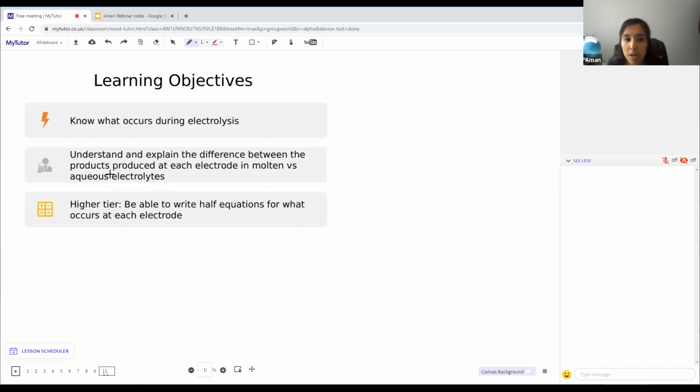In aqueous electrolytes, you can either produce hydrogen or the metal at the cathode. And again, it depends on the reactivity series and whether it's above hydrogen or below. And at the anode, you will either produce oxygen from the hydroxide ions, which are what the compound is dissolved in, or you produce the non-metal. Again, it depends if it's a concentrated halogen. If it's not a concentrated halogen, then we will produce oxygen.